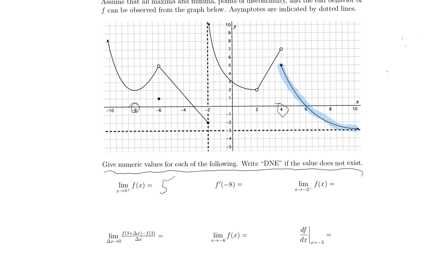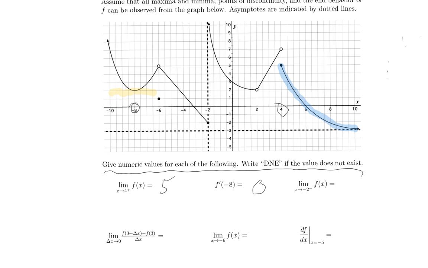When we observe its tangent line, we can see it looks something like this, as I've highlighted. Notice that it's flat, and when we have a flat tangent line, then we can conclude that the derivative is 0. And that tells us that f prime of -8 is 0.